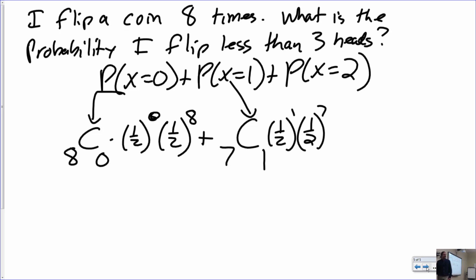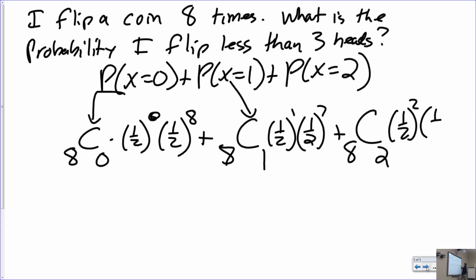N is now 8, x is now 1, so 8 minus 1 gives us the 7. And then one more time, the combination of 8 things taken 2 at a time, 1/2 squared times 1/2 to the 6th.